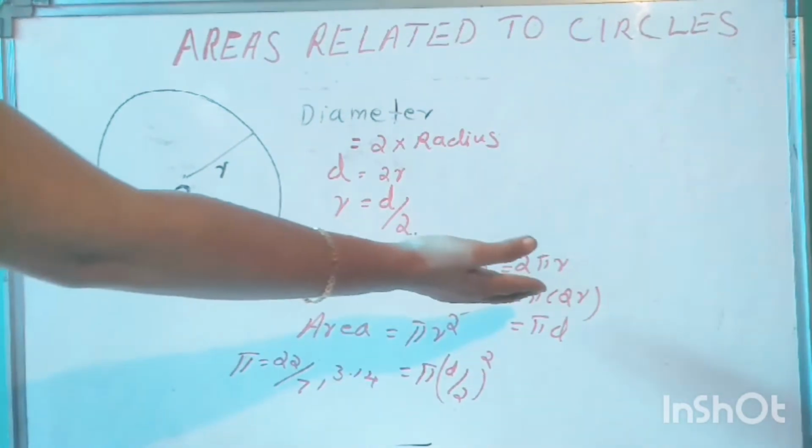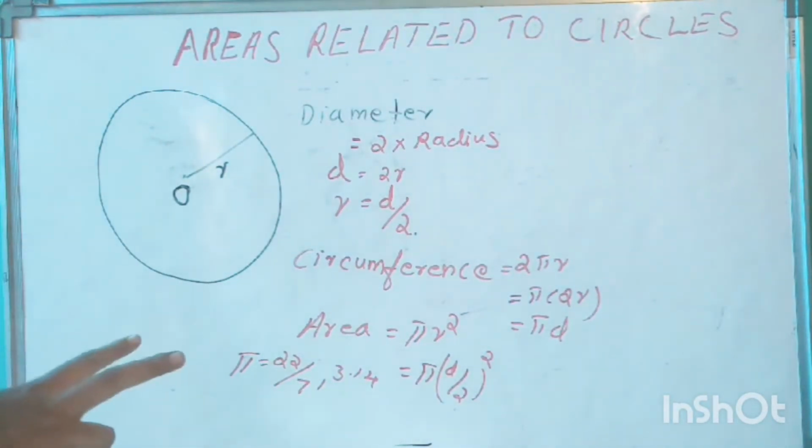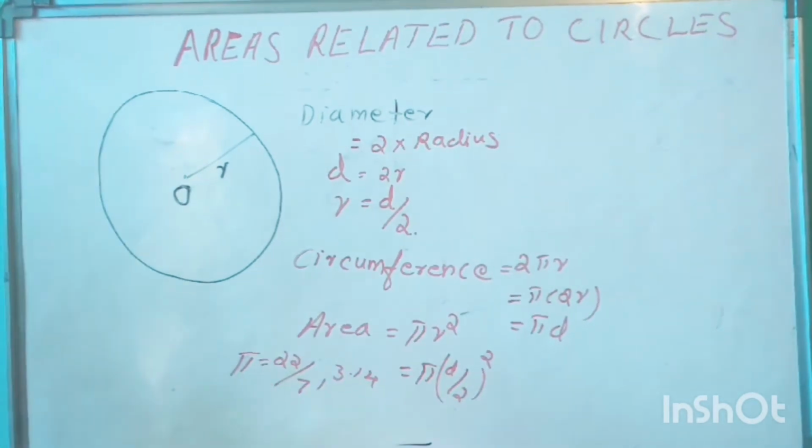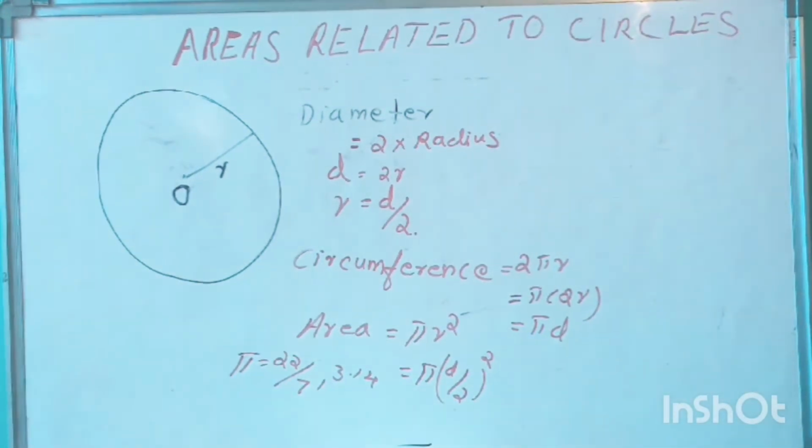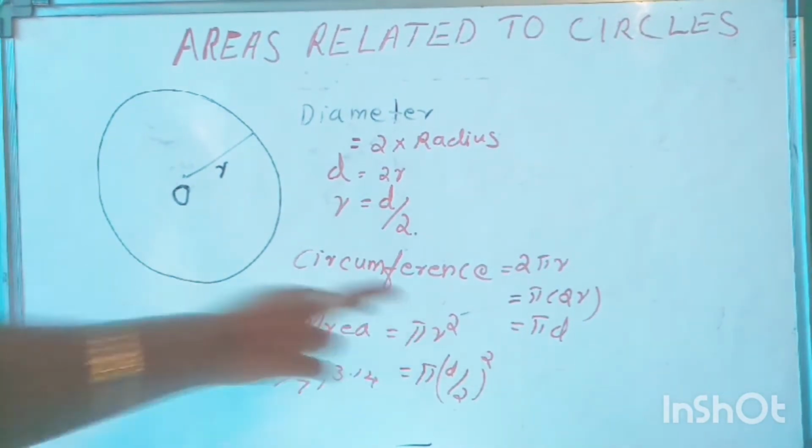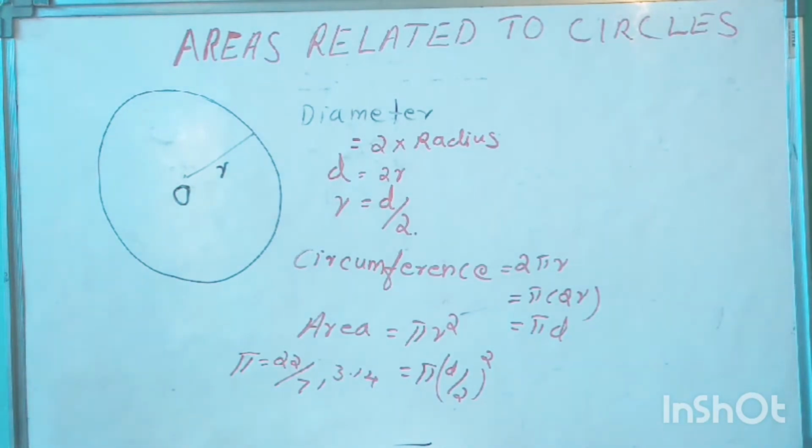Circumference or perimeter is equal to 2 pi r, or in terms of diameter, pi d. The area of a circle is pi r square, or in terms of d, pi into d by 2 all square. For practical purpose we take pi as 22 by 7 or 3.14 approximately. Now, what is a semicircle?